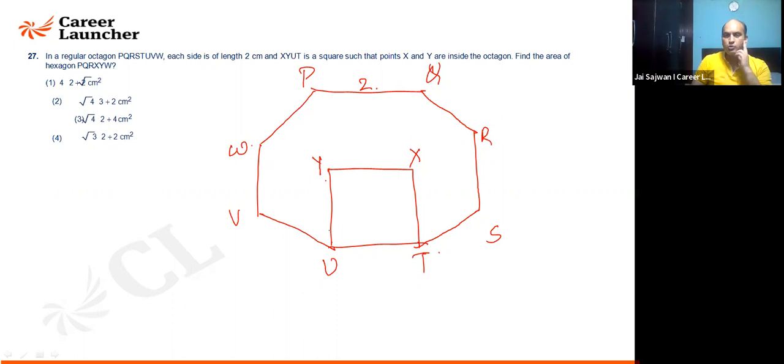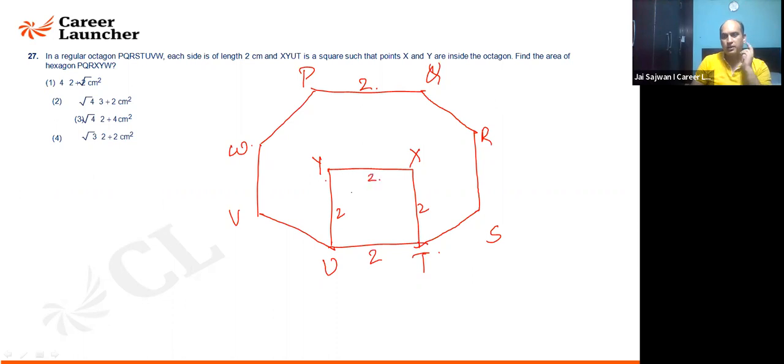So I'll say XY UT is a square given here. So this is 2, this is 2, this is 2. All of them are 2. Square, all sides are equal. Find the area of PQ R X. This is what I need to find out. I need to find out the area of this hexagon which is left there.